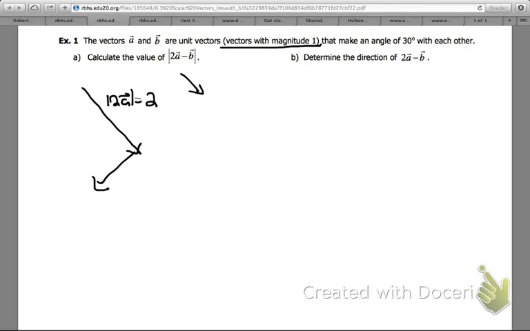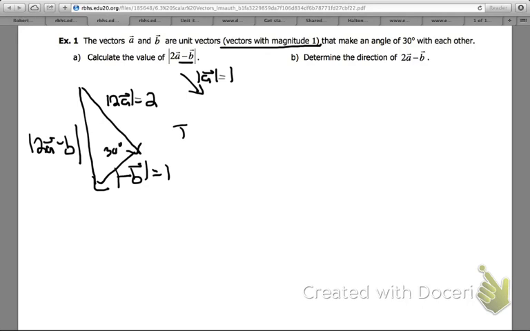If we just had our a, the magnitude of that would just be 1. And this here, because we have minus b, is going to be our negative b. But our magnitude is always stated as a positive because this is an absolute value, so it's equal to 1. We also know that they make an angle of 30 degrees between the two, and therefore this is going to be our 2a minus b.